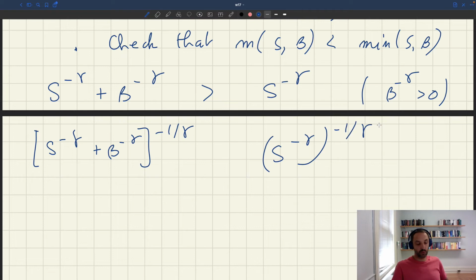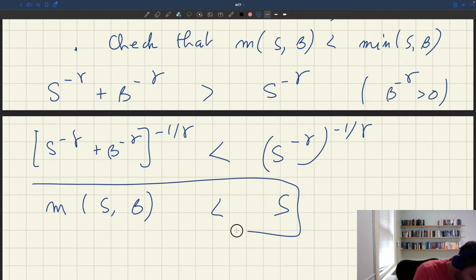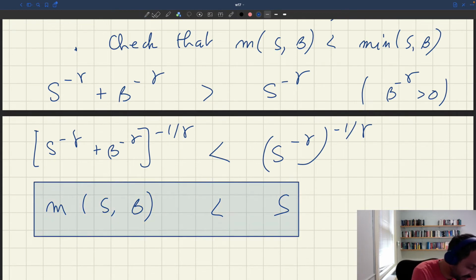But because x to the power of minus 1 over gamma is a strictly decreasing function, when we take both sides through this strictly decreasing function, I need to change the sign of my inequality. So I get this. Now, what we see on the left-hand side is just the matching function at S and B. And what we see on the right-hand side is S to the minus gamma to the power of minus 1 over gamma, and that's just S. So here what we've established is that the matching function is less than the number of sellers.